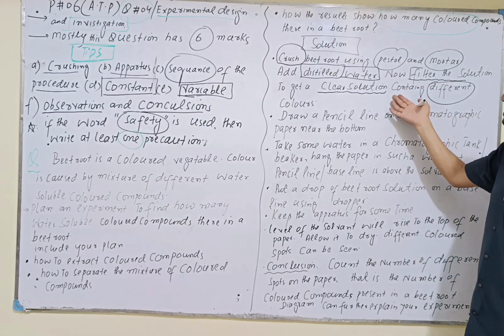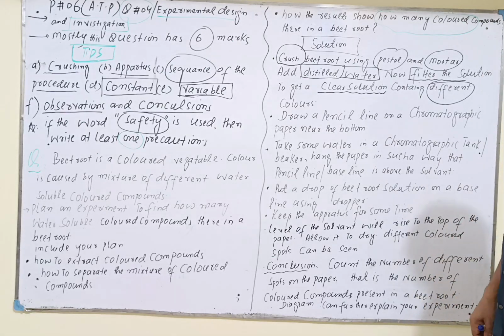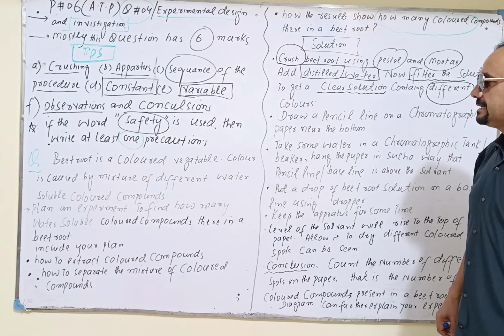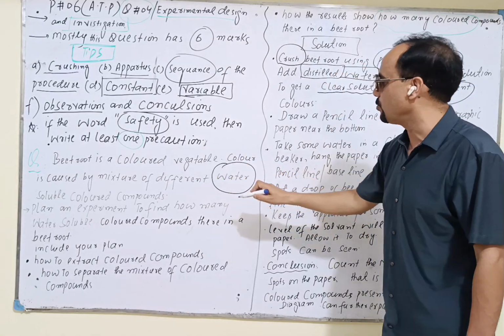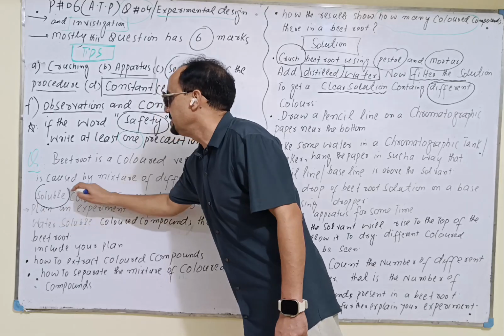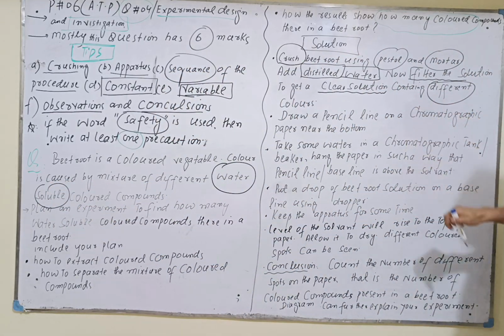Now why have we used water for making a solution? Because in the question it is clearly given that all the colors are water soluble. So that's why for making a solution we are using water.